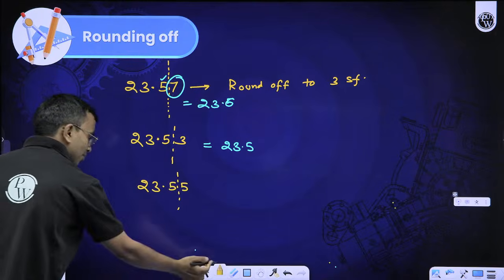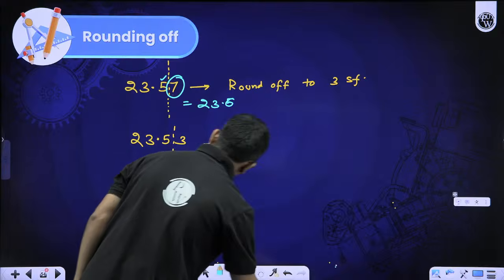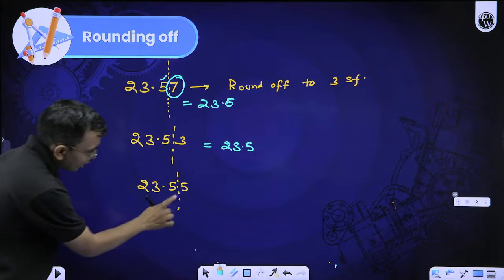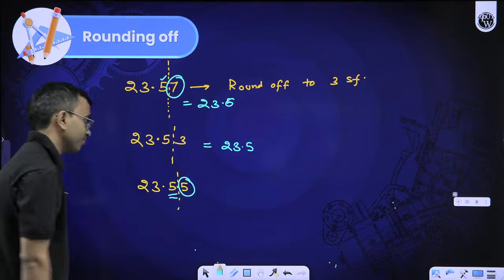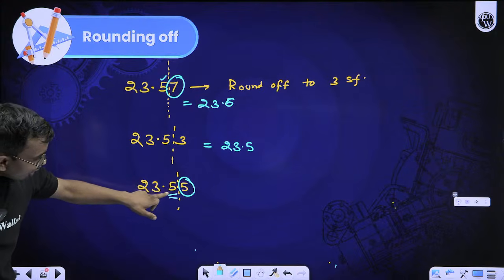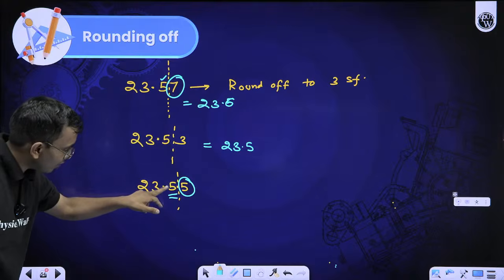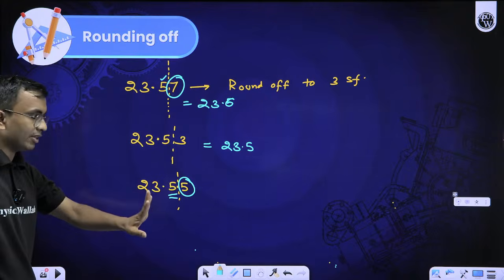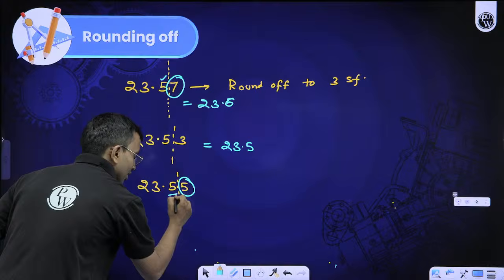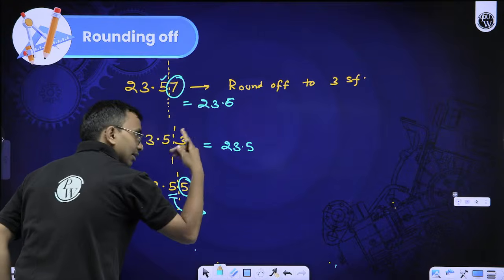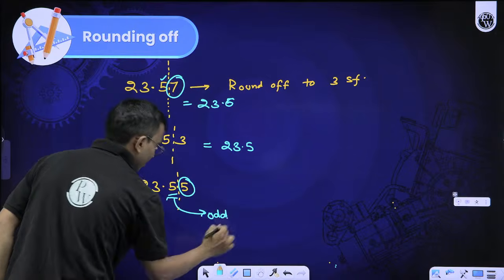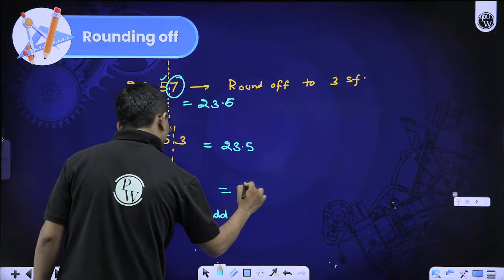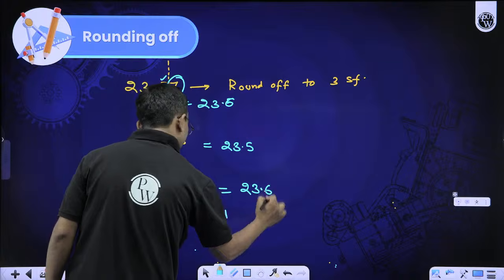What will happen in this particular case? Now it is 5. If it is 5, you check the previous one. If it is odd, increase by 1. If it is even, leave it as it is. Is this odd or not? Yes, it is odd. Therefore, increase by 1, 23.6.